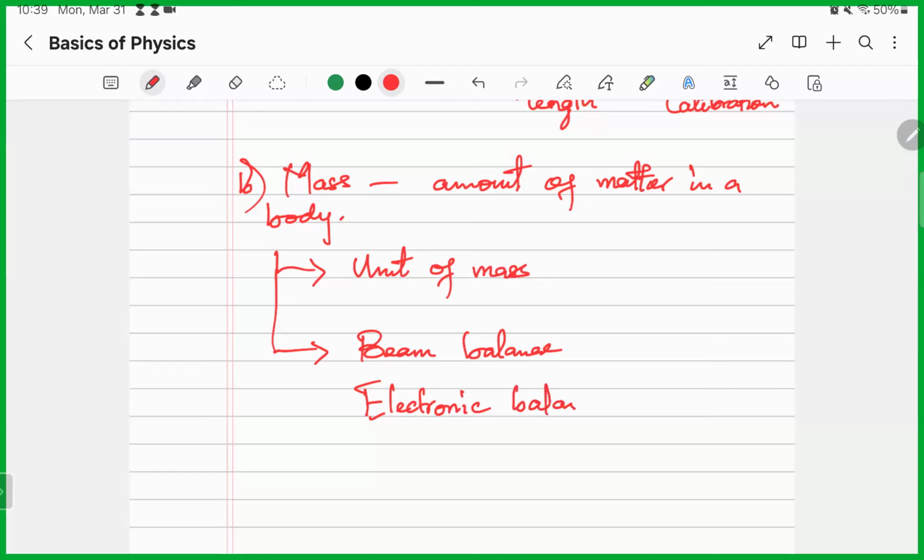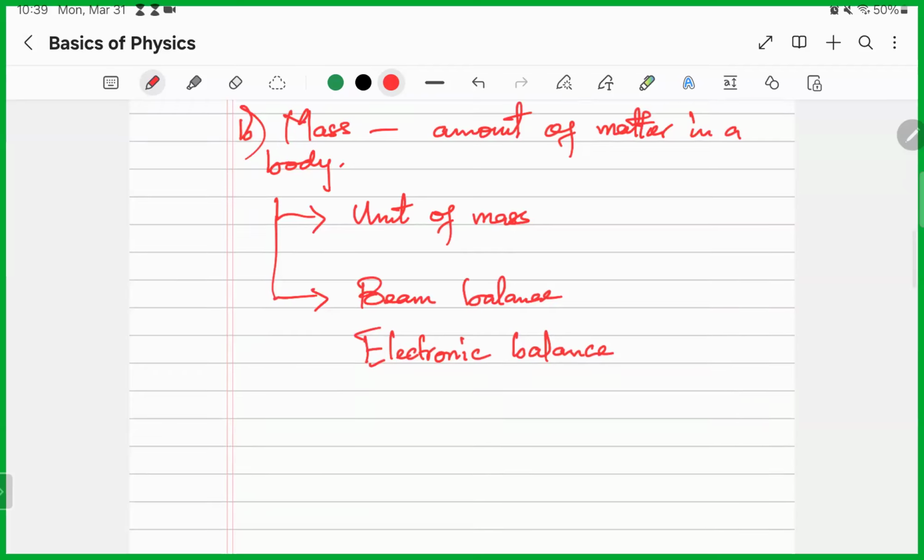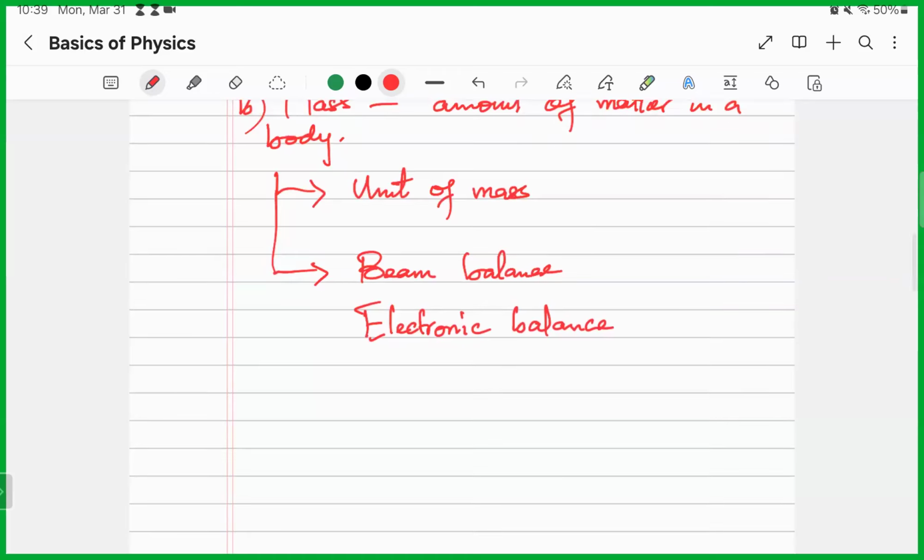Please, this is a very realistic class. If I make a mistake, I'll correct myself, and I want you to be able to relate with the terminologies, with the ideas, and catch them fast. As we go further, we'll look into more balances as we see them. We have the chemical balance. Let me just write that down. Keep that in mind.